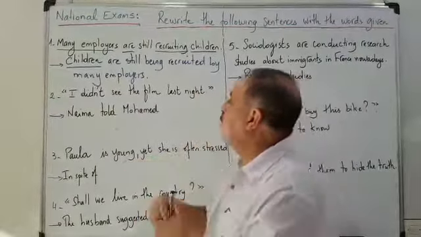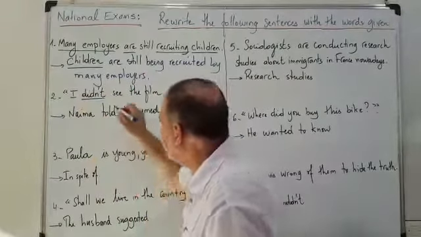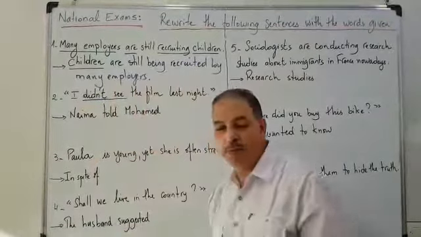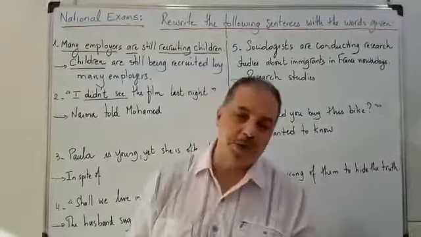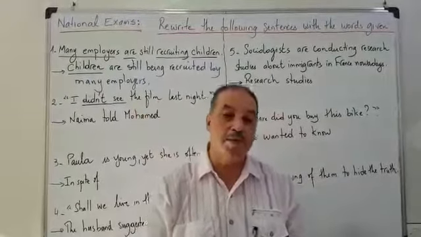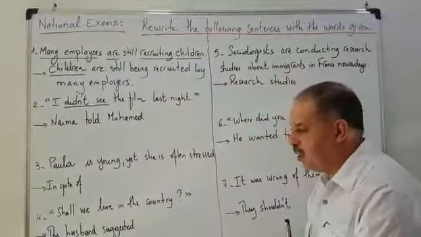But first of all, we have to see the tense. I didn't see is a simple past, and we know that simple past in reported speech becomes a past perfect. Okay?